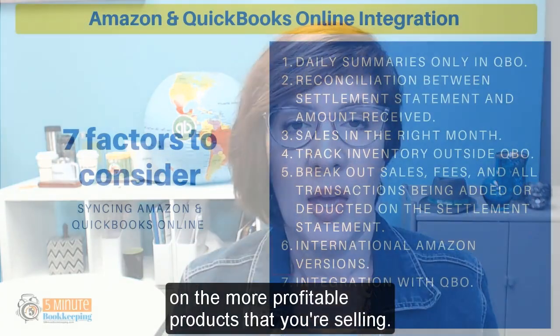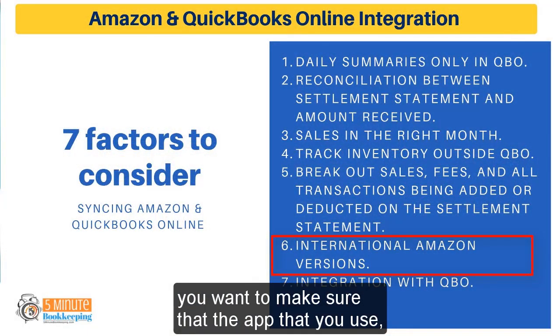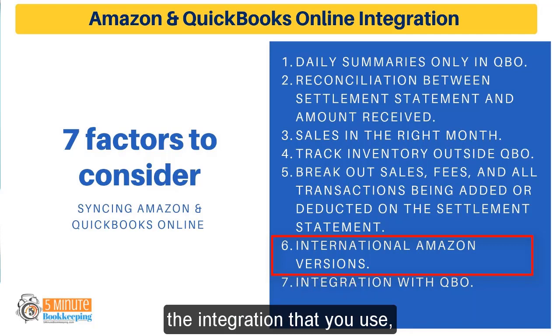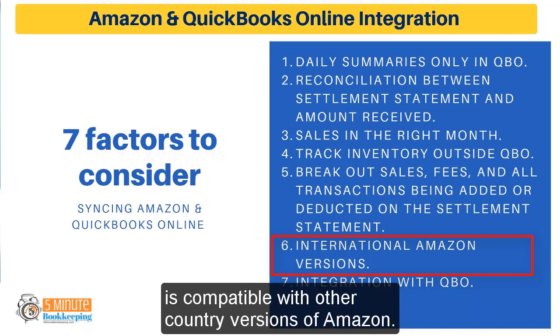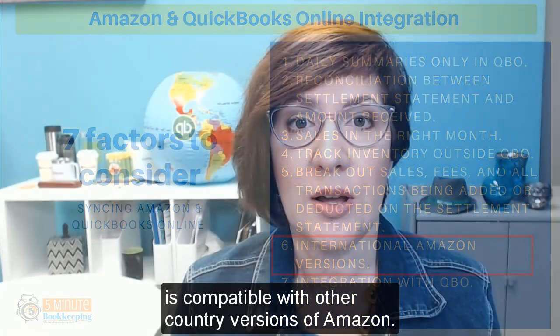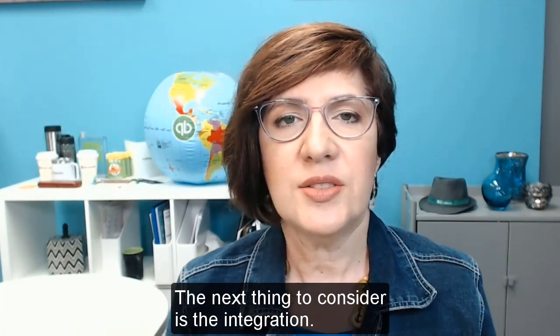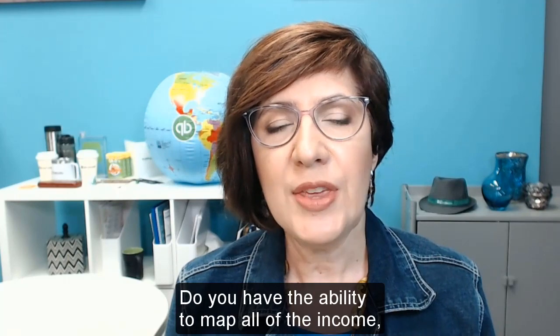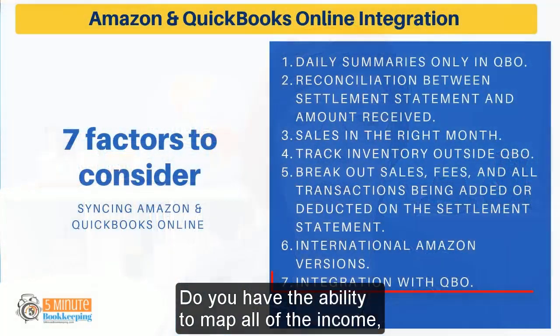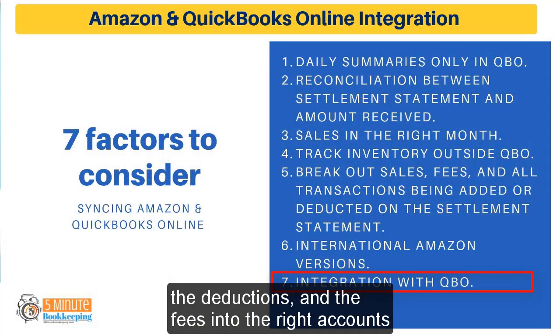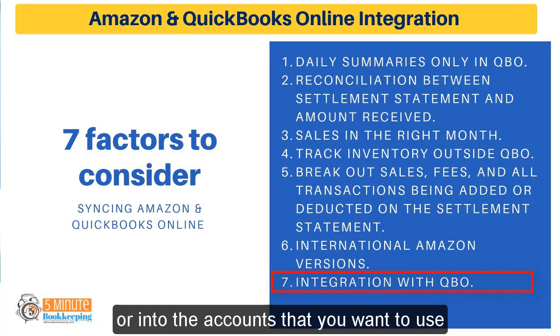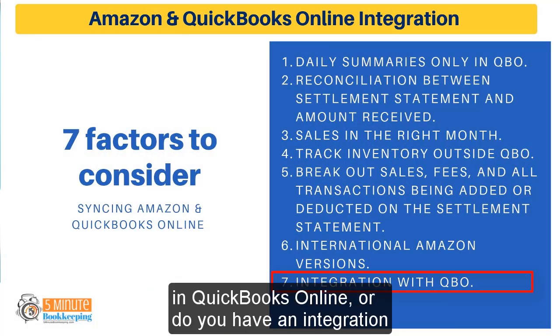that you're selling. If you're an international seller, you want to make sure that the app that you use, the integration that you use, is compatible with other country versions of Amazon. The next thing to consider is the integration. Do you have the ability to map all of the income, the deductions, and the fees into the right accounts, or into the accounts that you want to use in QuickBooks Online?